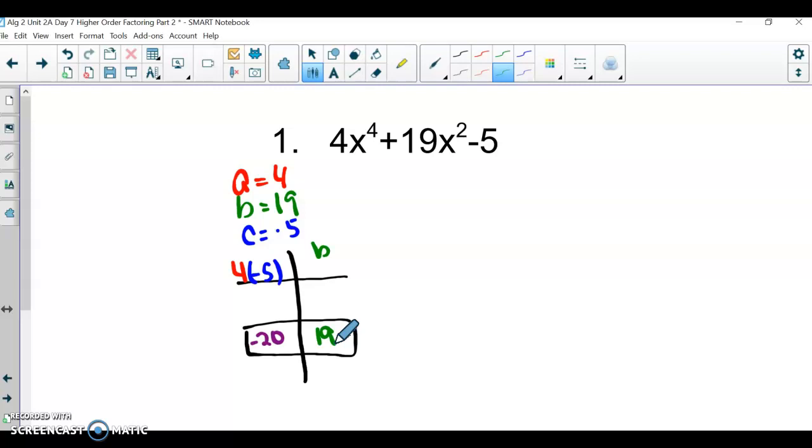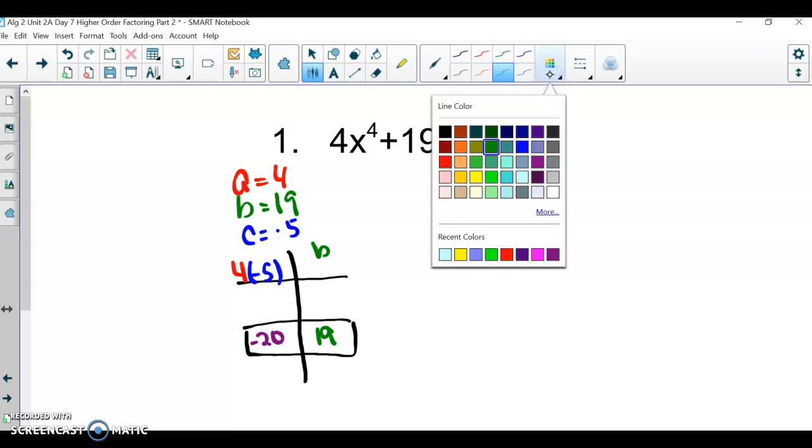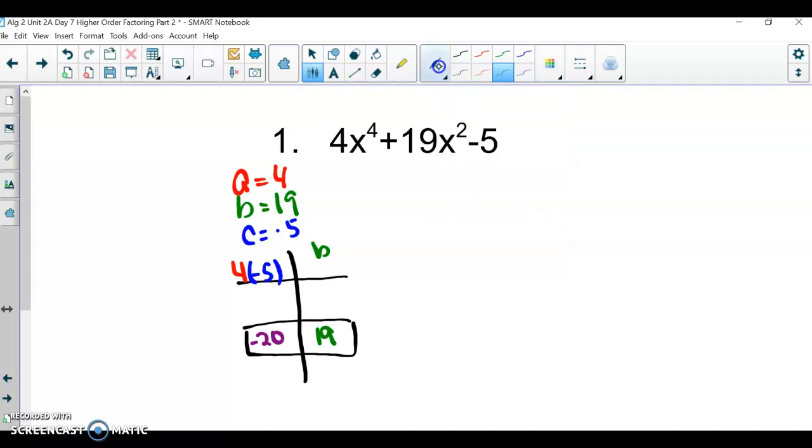So what are those two factors? Well, let's try 1 times 20. We know one of them has to be negative. And which one would be negative? Well, if we need the sum to be 19, I have 1, then that one would be a negative 1 plus 20.